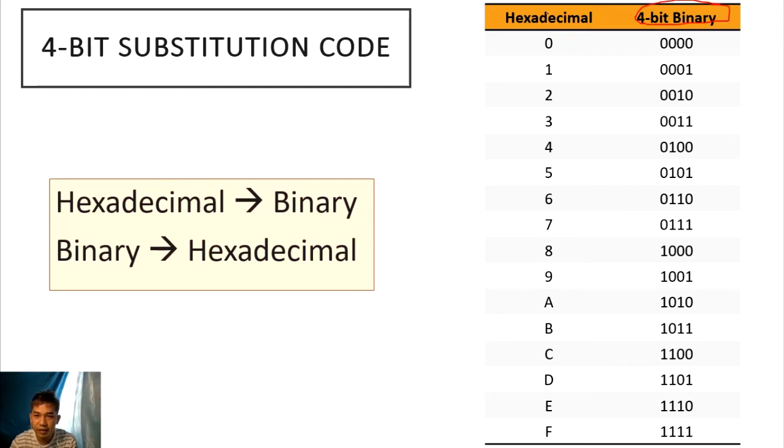So we have here corresponding hexadecimal from 0 to F. So meron din siyang 4-bit binary equivalent. So from 0, that is 0000, so on. So until we have F or 15, that is 1111. So kung i-convert mo ang 15 to binary, ang magiging result niya is 1111.